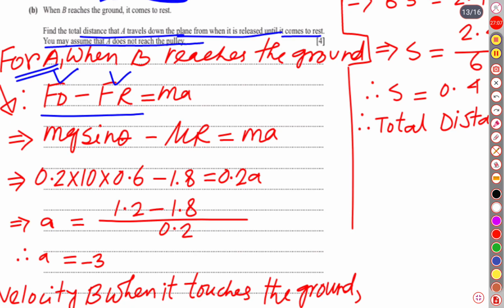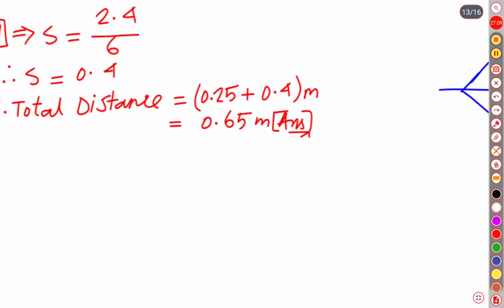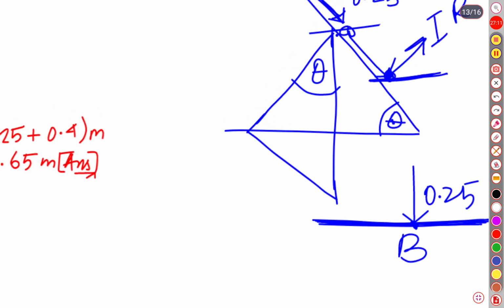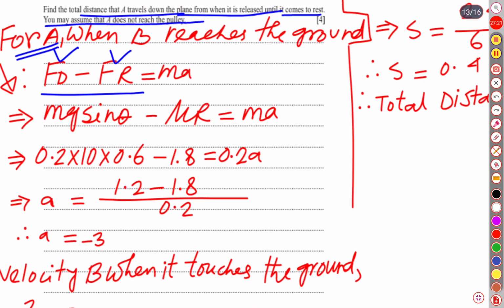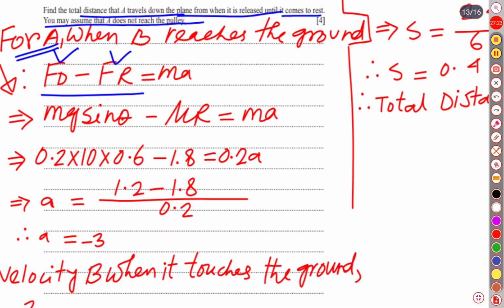We have already shown that nobody is pulling it downward, b itself due to the weight is coming down, so the driving force for b is just weight, which is mg sin theta. Then frictional force is mu R. Okay, this is for a, sorry, we are finding it for a, not for b.